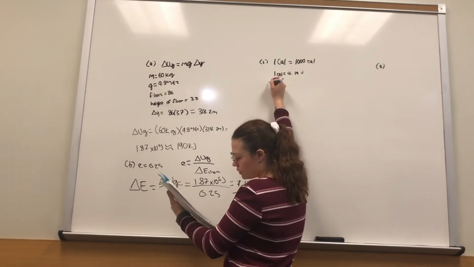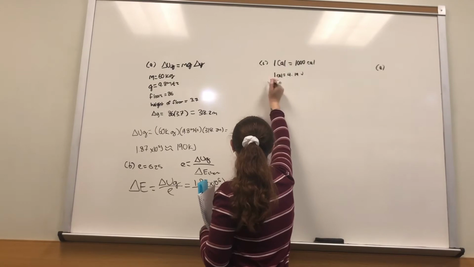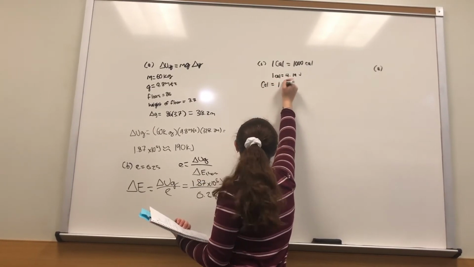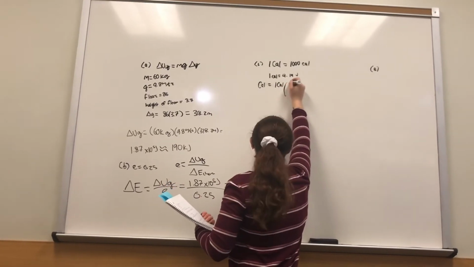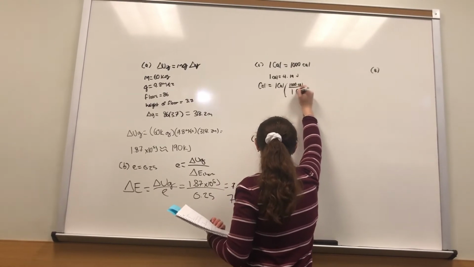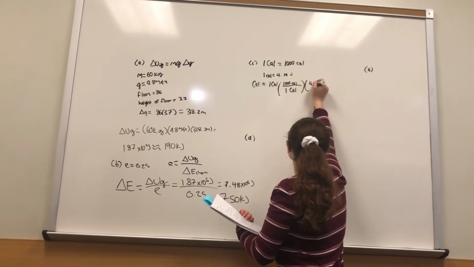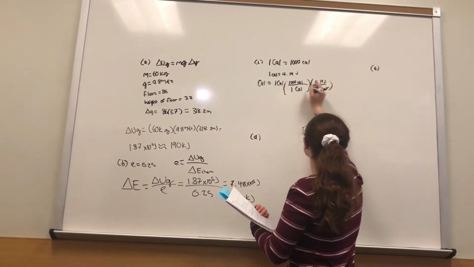So we get food calorie, or capital C, is equal to 1 capital C calorie multiplied by 1,000 lowercase c calories over 1 capital C calorie. And then we have 4.19 joules is equal to 1 lowercase c calorie.